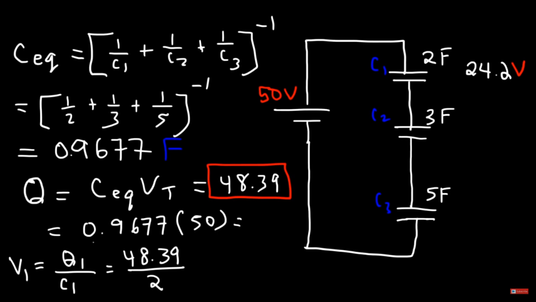Now the voltage across C2 is going to be Q2 divided by C2. Q1 and Q2, they're both equal to Q. So it's going to be 48.39 divided by 3.